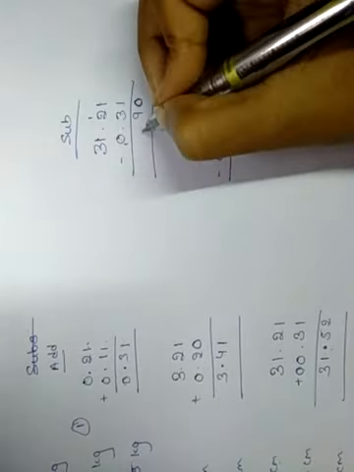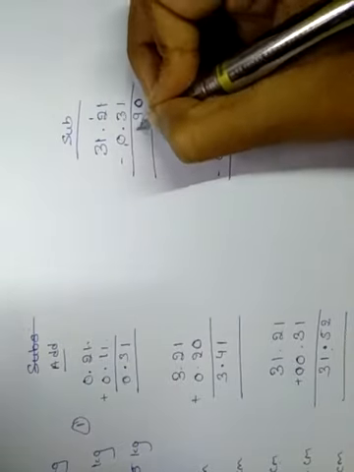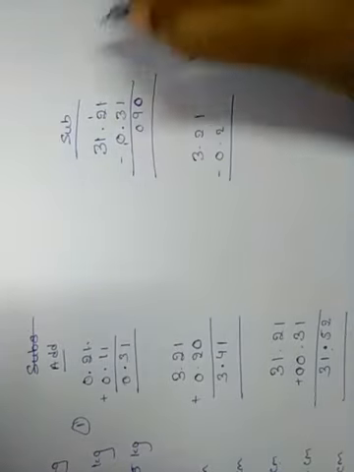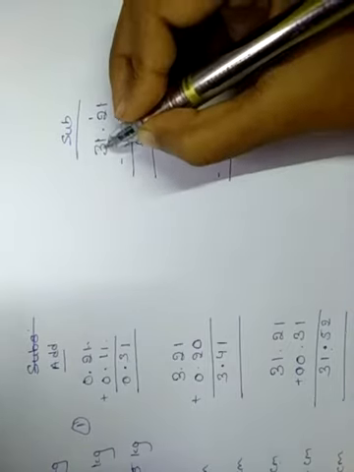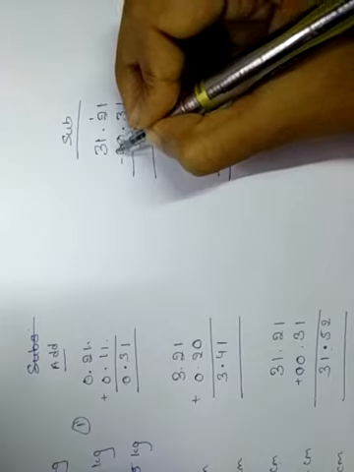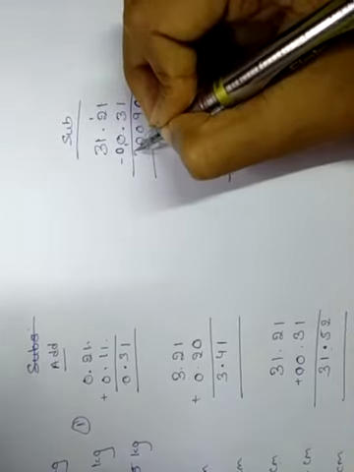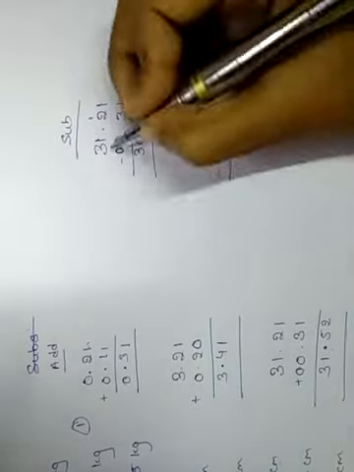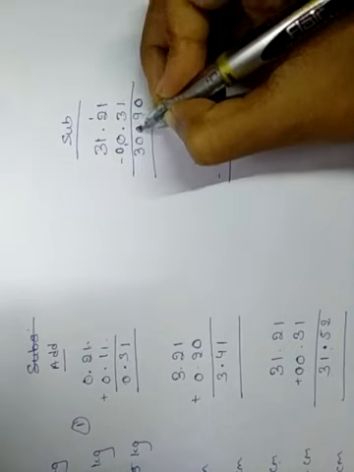Then 1 minus 1, here also we have to give the decimal point immediately after 2 digits. Then 1 minus 1, again 0. 3, here no digits are present, so we'll give a 0. 3 minus 0 is 3 only. 3 minus 0 is again 3.